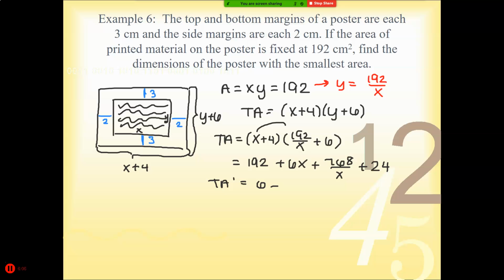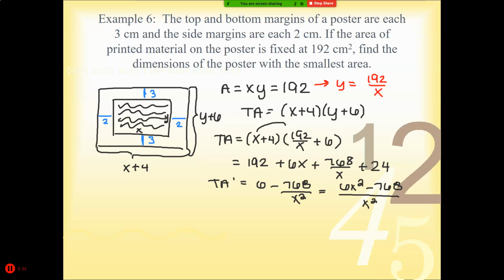So you get negative 768 over x squared, because you'd subtract 1 away. And then to get your common denominator, you'd have 6x squared minus 768 all over x squared.